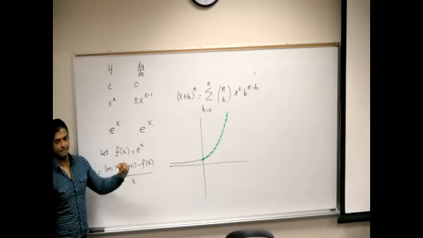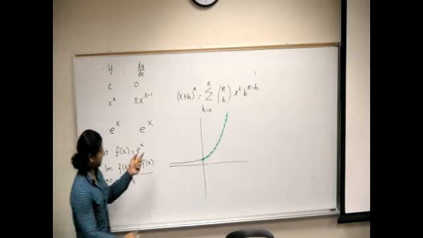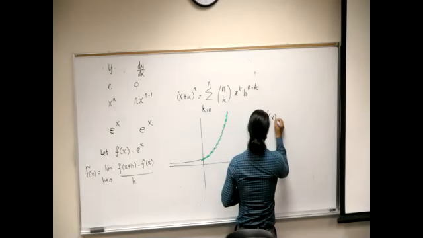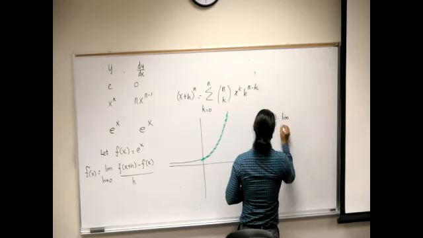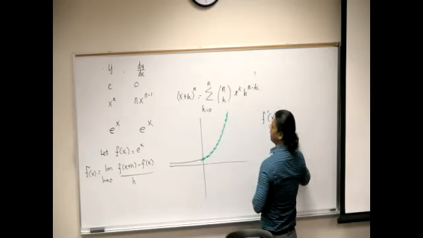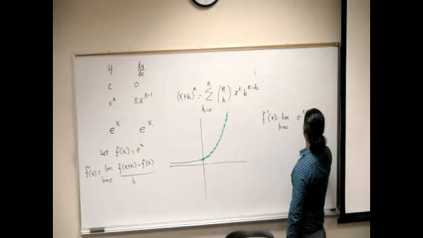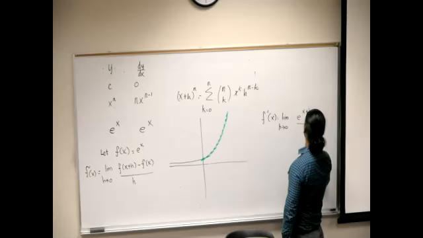Do we agree? So limit as h approaches 0, e raised x plus h minus e raised x, divided by h.